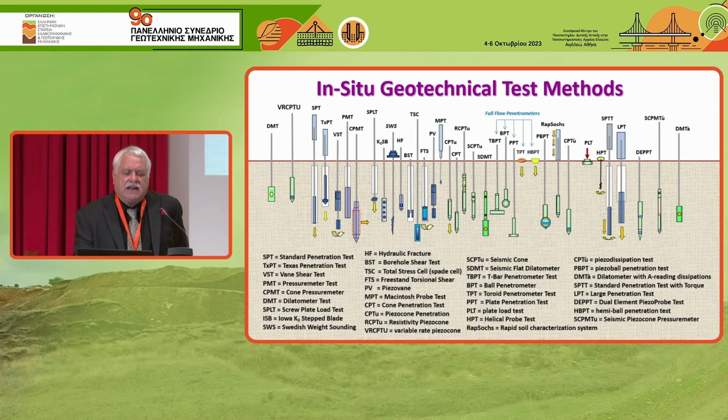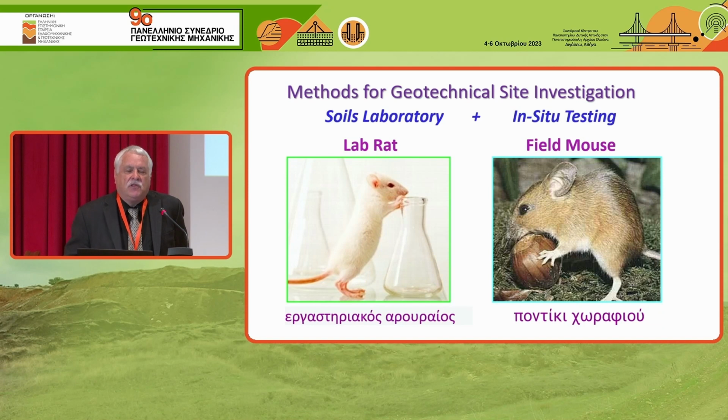And so that's a different kind of category of personality in geoengineering, and I call those people the field mouse. The field mouse because they like to go out in the field and push the probes into the ground and measure, get their numbers directly in the field. So I think it's a good idea to be a little bit of both today. A little bit lab rat, a little bit of field mouse.